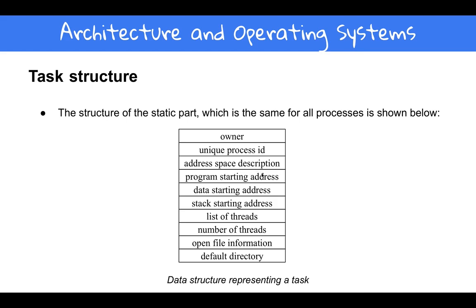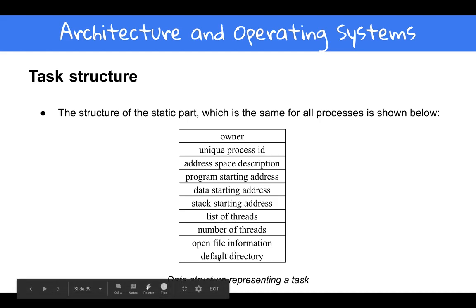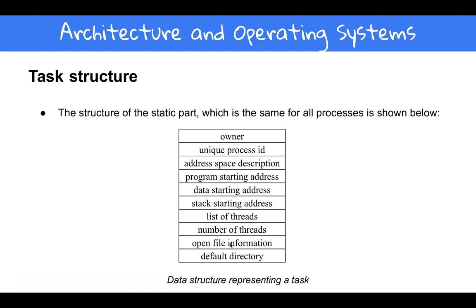We need to know the addresses of the programs that are running and where they are in memory: the stack addresses, data starting addresses, program starting addresses. We've got to know the location. The location is important. How many threads does it have? Number of threads. List of the threads. Directory and open file information. What is the information of the file that is running here?